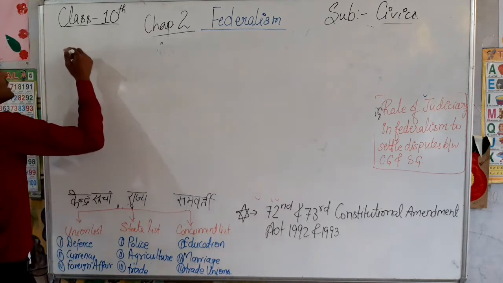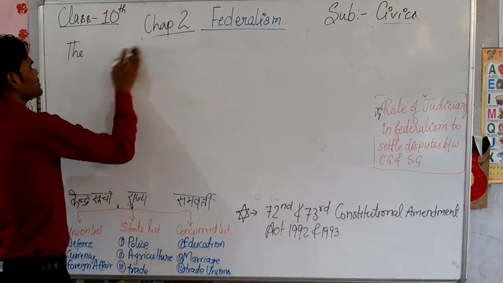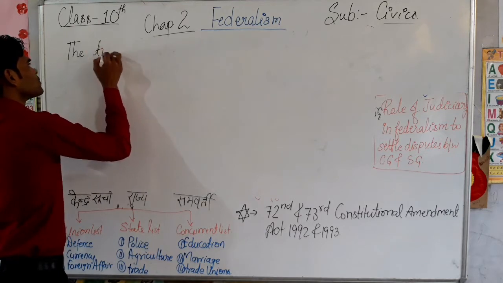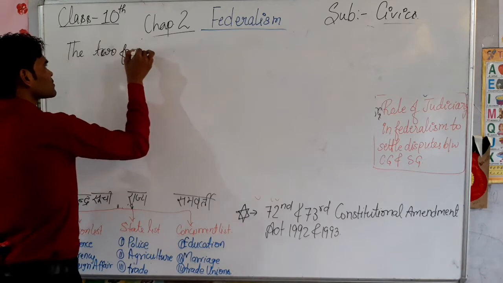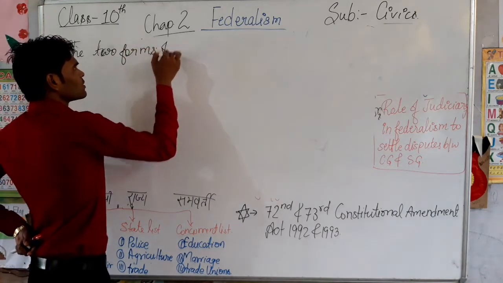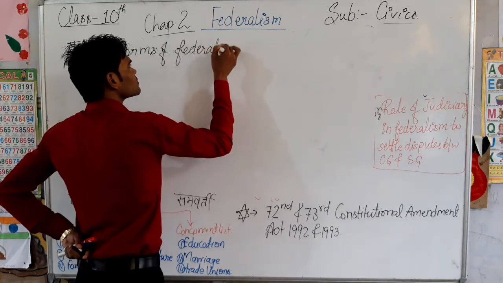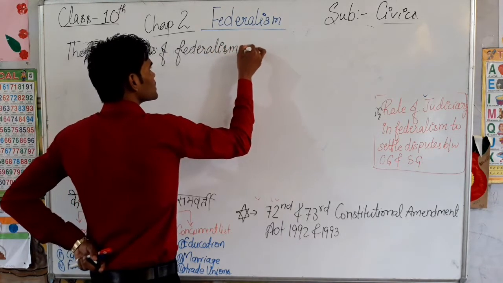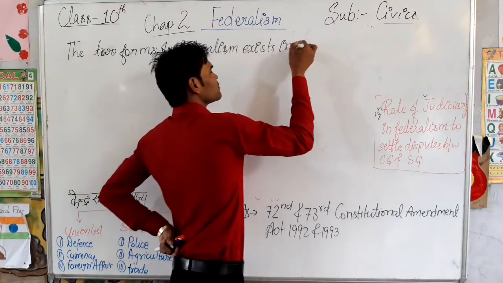Here, there are two forms of federalism that exist in the contemporary democracy.